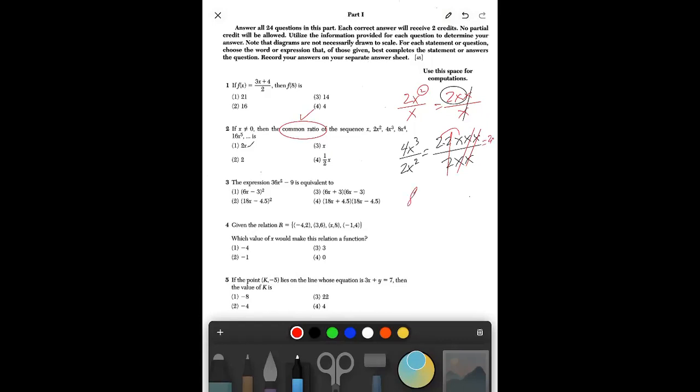Okay, now let's do another one. We can do 8x to the 4th over 4x to the 3rd. Now we can write 8 as 2 to the 3rd, x to the 4th, over 2 to the 2nd, x to the 3rd. Now, if you know what exponents do, this is basically 2 times 2 times 2 times x times x times x times x over 2 times 2 times x times x times x.